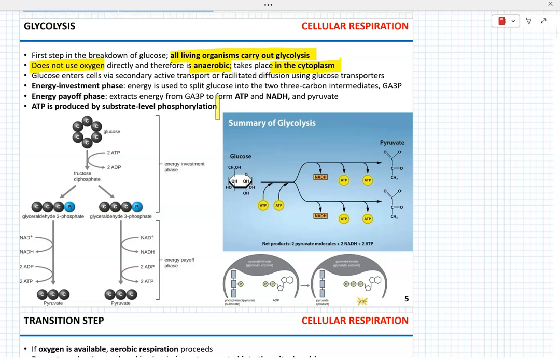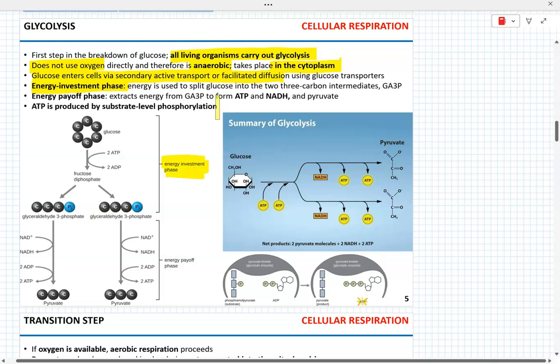The first step, of course, is to transport glucose into the cell. Glucose can enter the cells either via facilitated diffusion using special glucose transporters, or via secondary active transport, usually using sodium glucose cotransporters. The first phase of glycolysis is energy investment phase, shown here.